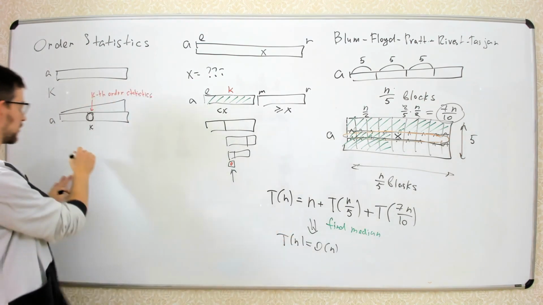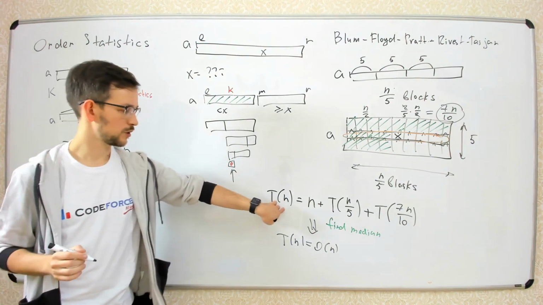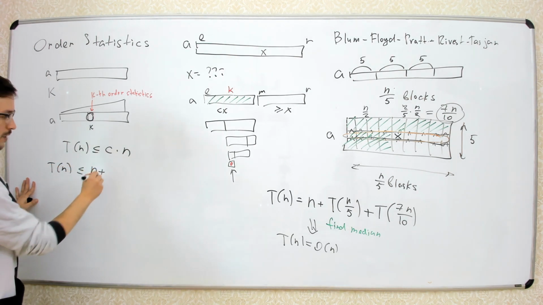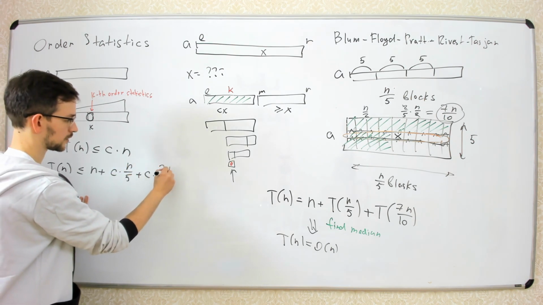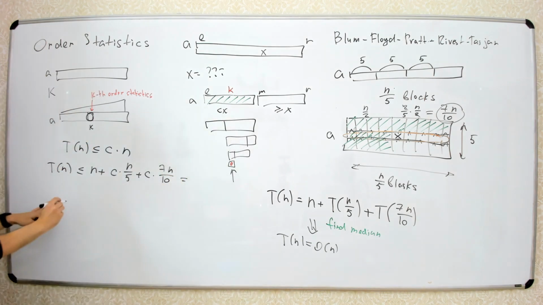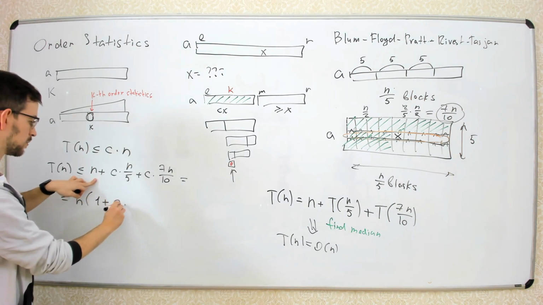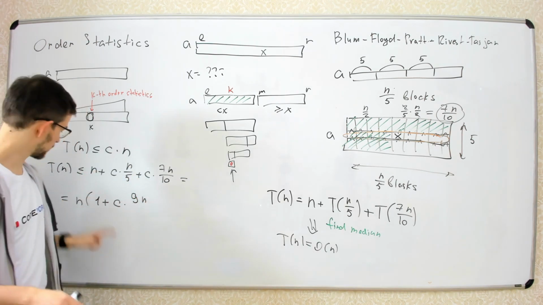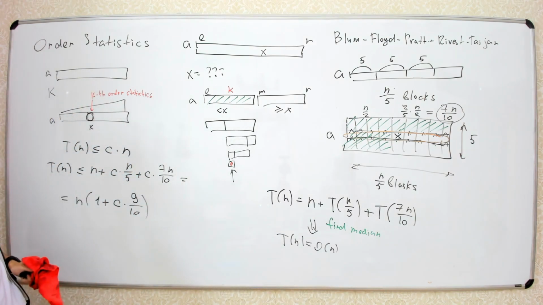So we want to prove that t of n is no more than c multiplied by n. Now we use this: t of n is no more than n plus c n over 5 plus c 7n over 10. I'll just say n here. What we have here is 1 plus c multiplied by 9n over 10, right? Looks fine.